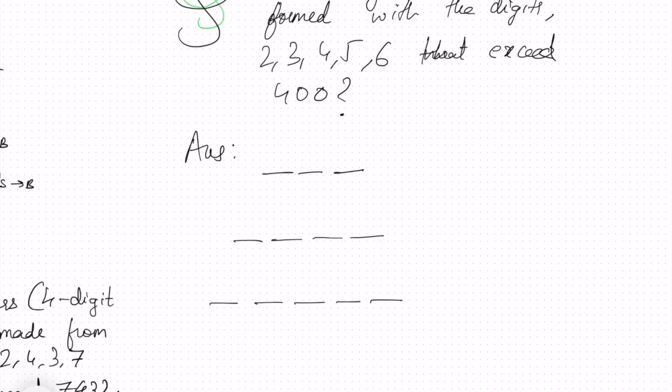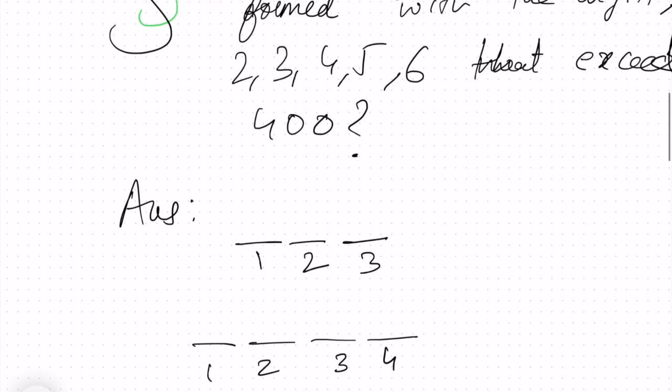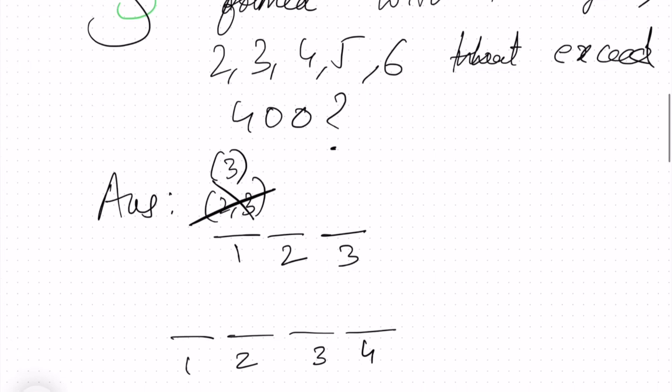If we have to form a 3-digit number, the first position cannot be filled with 2 or 3, because that would be less than 400. But if we fill this with 4, 5 or 6, then any digit we place after it would make it exceed 400. So we can fill position 1 in 3 ways, right?